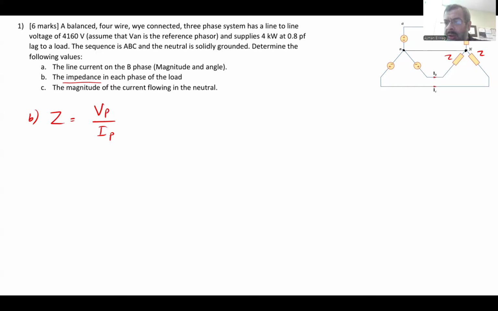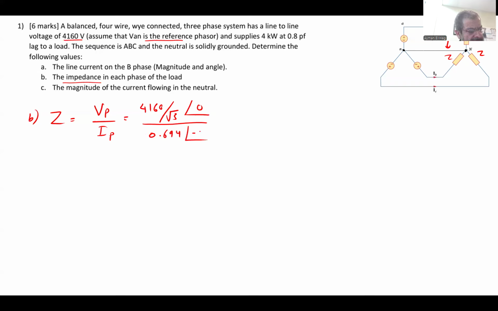The V phase comes from the line-to-line voltage, and since this is a Y connection, it is 4160 divided by root 3 at an angle of 0, because that is our reference, divided by the current. The phase current and the line current are exactly the same.